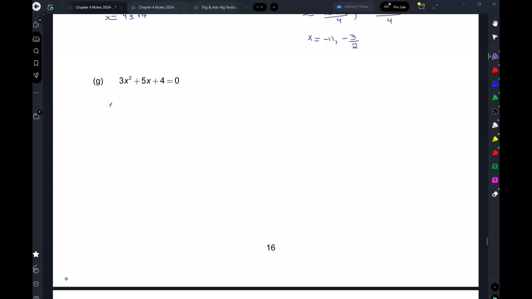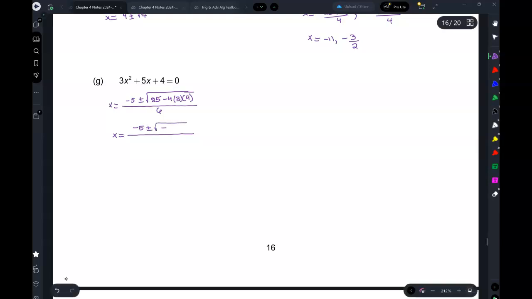Okay, so x equals negative 5 plus or minus the square root of b squared 25 minus 4 times 3 times 4 all over 6. So this is negative 5 plus or minus the square root of, oh, that looks like a negative 23, right?